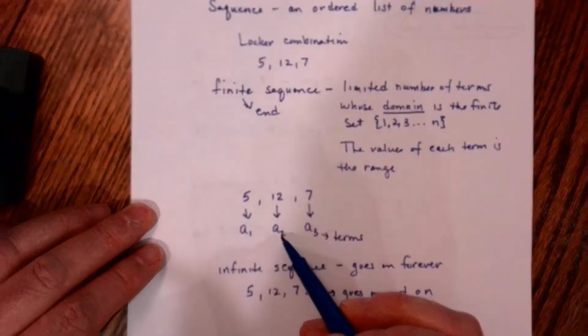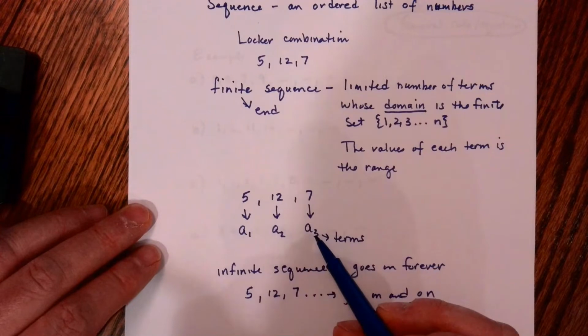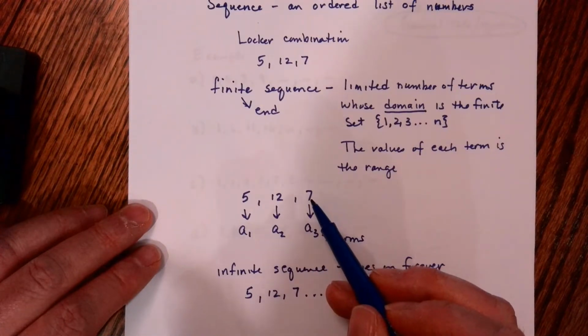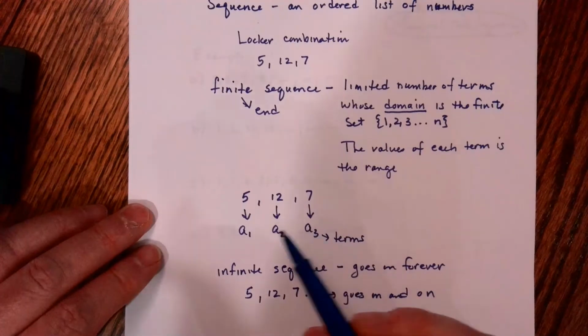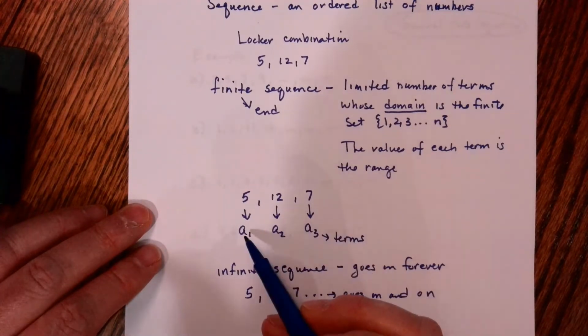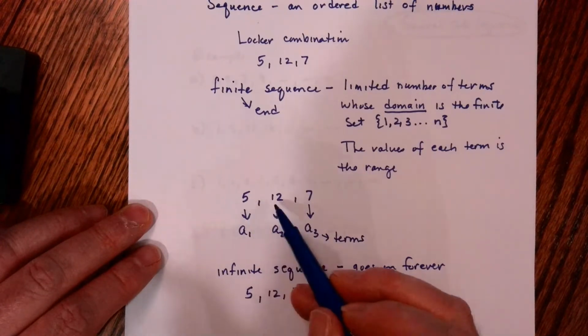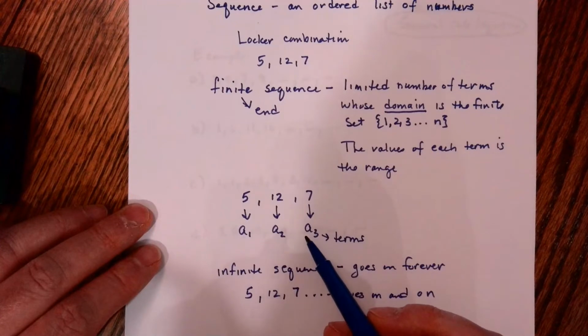Your second term, because of order, because it's a sequence, would have a value of 12. Your third term would have a value of 7. So if you looked at this like a domain and a range, an input and an output, the order of your terms would be your domain, and your values would be your range.